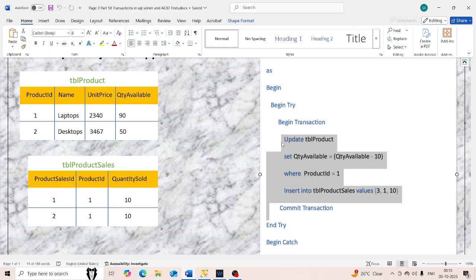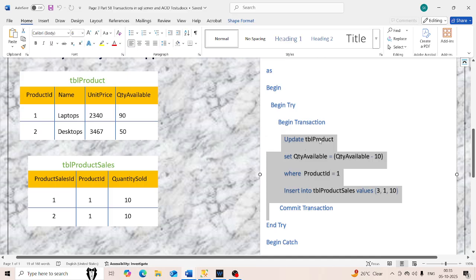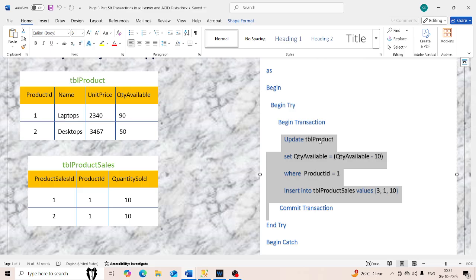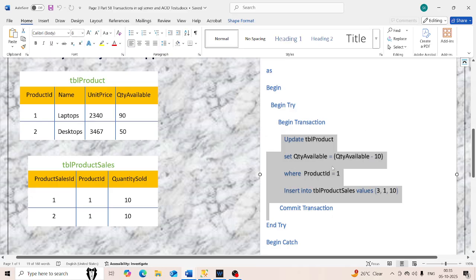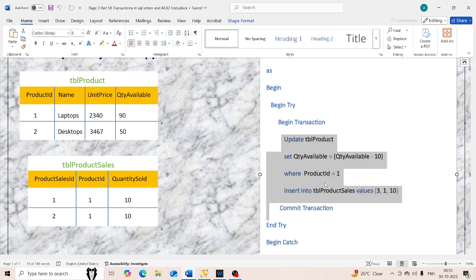If one of them fails, the data that is modified by the other statement should be undone and rolled back, so that the database is in a state that is similar to before we began the transaction. So either both of them should succeed, or none of them. Okay, that is the atomicity of a transaction.